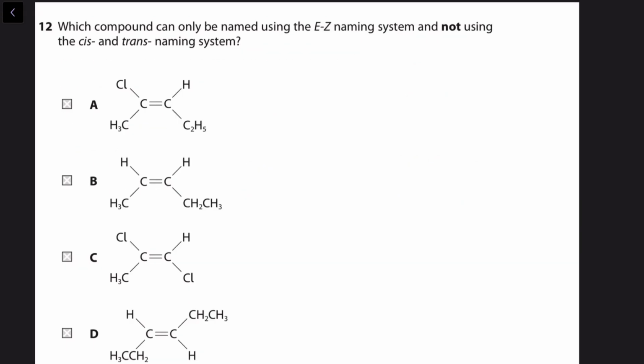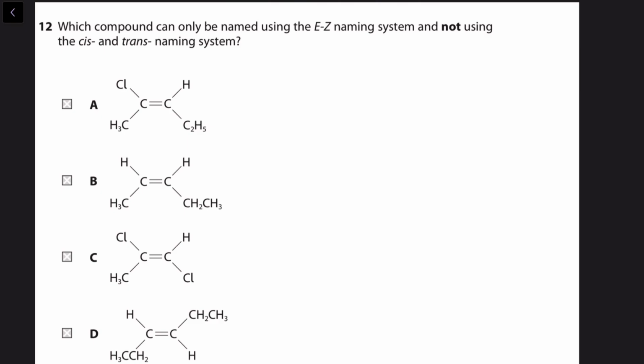Question number 12. Which compound can only be named using the E/Z naming system and not using the cis and trans naming system? Okay. For cis-trans naming, first we need a carbon-carbon double bond, because rotation around the carbon-carbon double bond must be restricted. Each carbon of the carbon-carbon double bond must have 2 different groups attached to it.